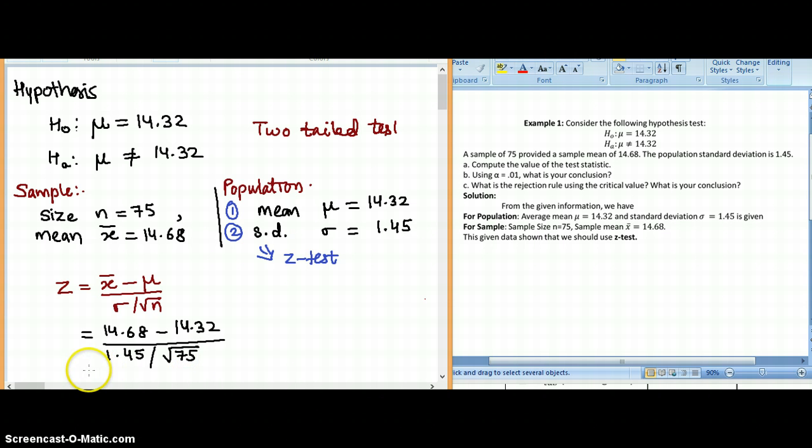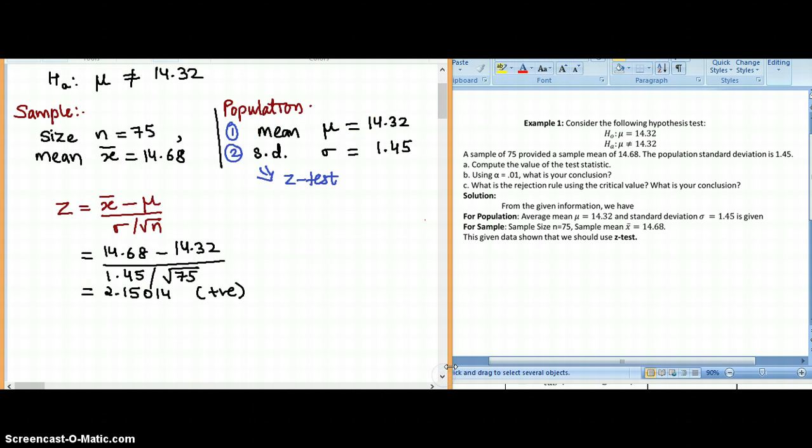You can use calculator to get the value. If you calculate it, it comes out to be 2.15014, which is positive. So our calculated Z value is 2.15014, which is positive.